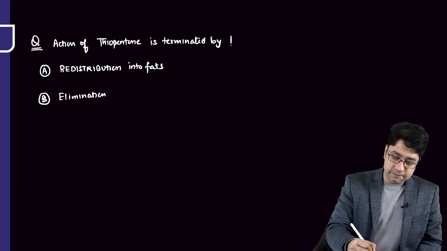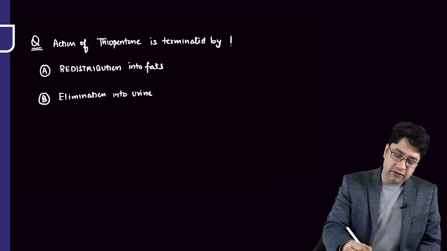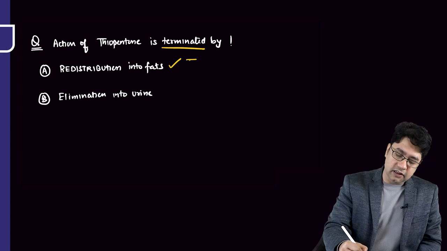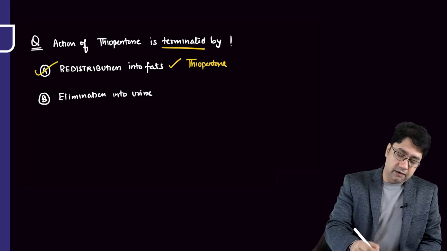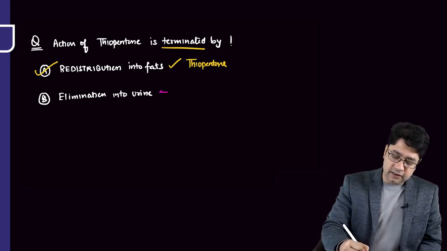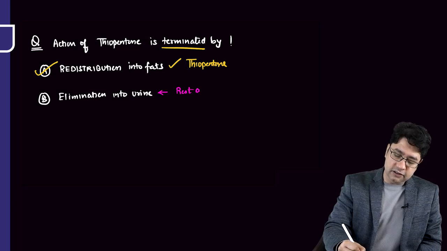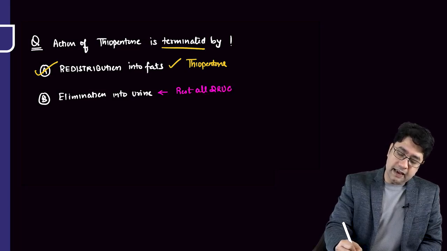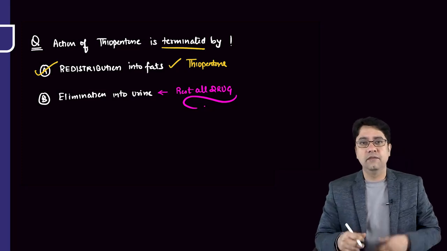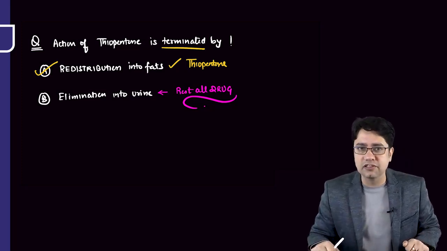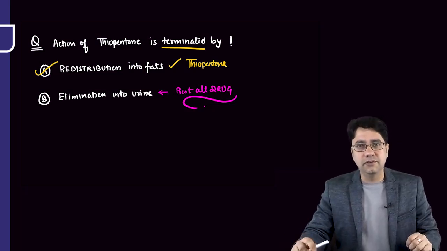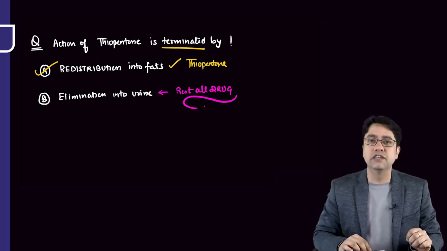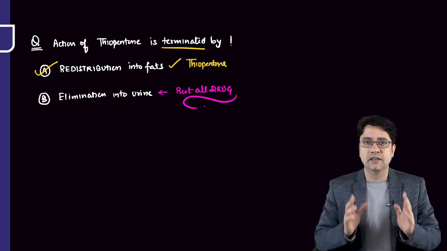What is your answer? Redistribution into fat terminates the action of thiopentone. But for all other drugs, their action is over by elimination into the urine. But with thiopentone, it is because of distribution into fats. So this is all about distribution, volume of distribution, and redistribution. Thank you very much.